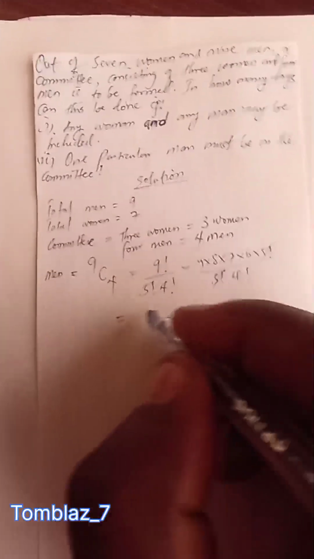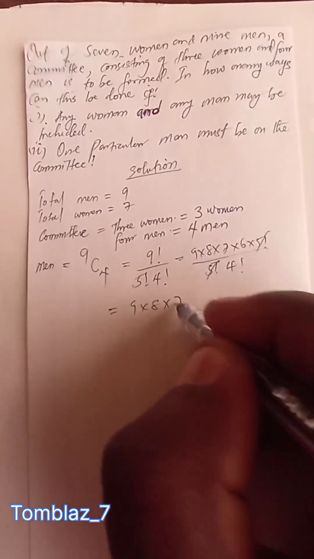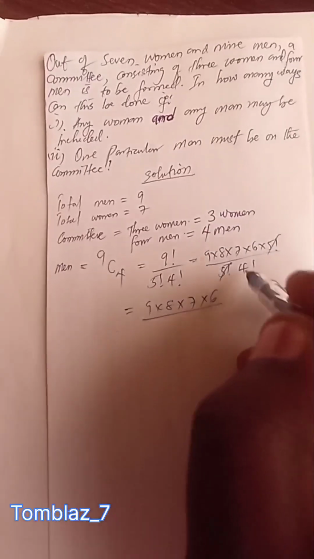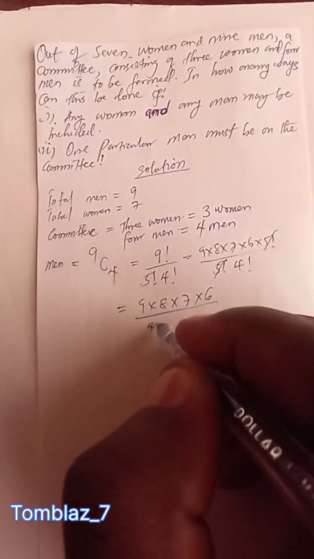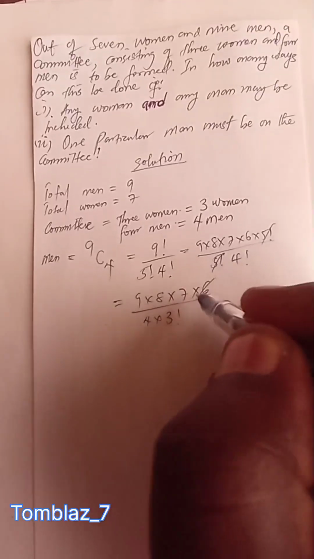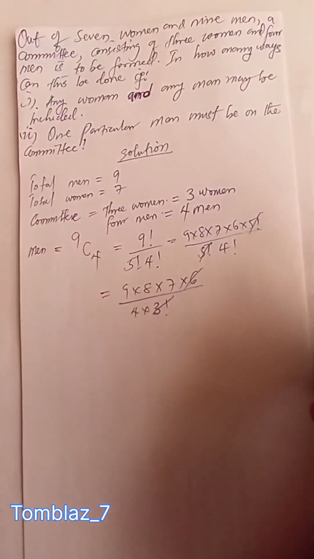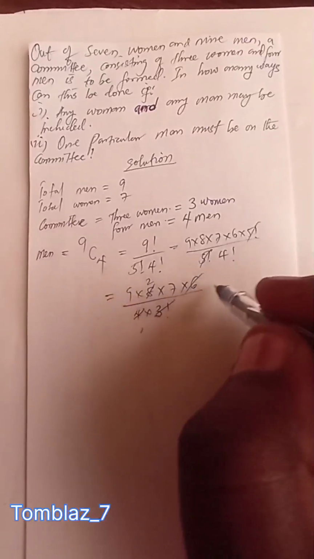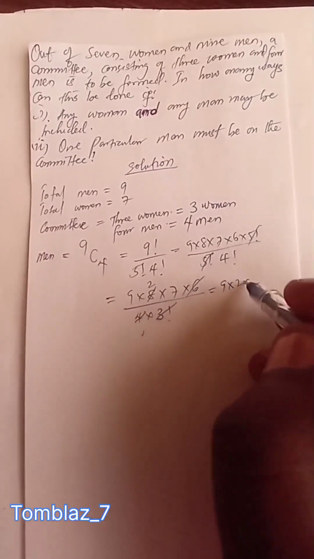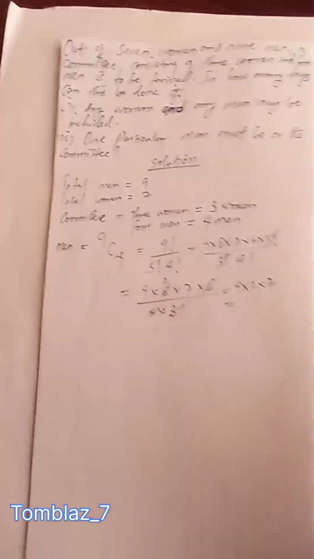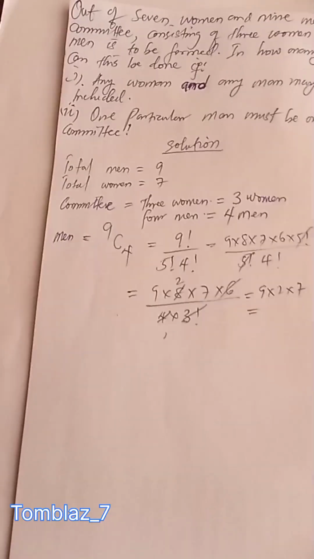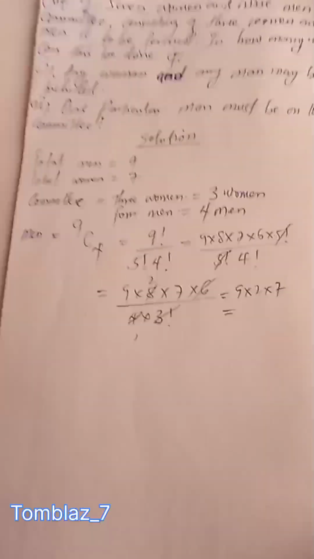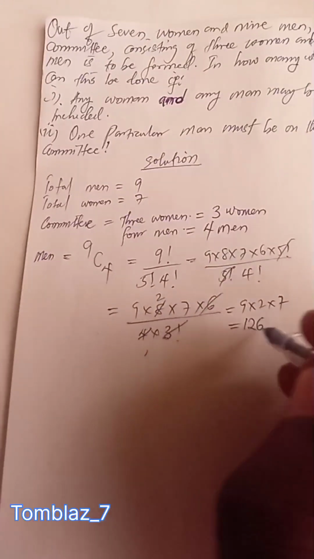This is going to give you 9 times 8 times 7 times 6. 4 factorial means 4 times 3 factorial. 3 factorial means 6. So they can cancel through. 4 here 1, 4 here 2. So we have 9 times 2 times 7. So 9 times 2 times 7 gives you 126 ways.